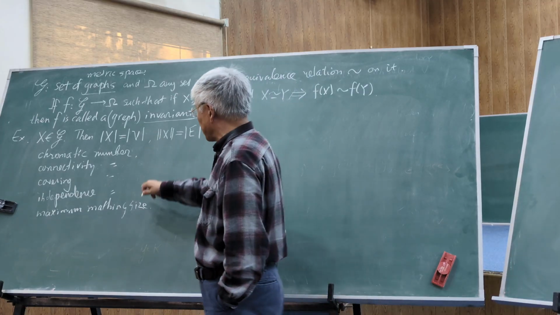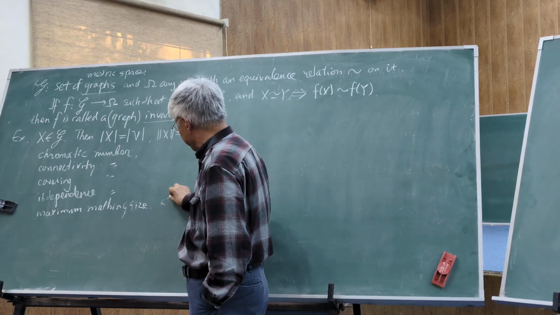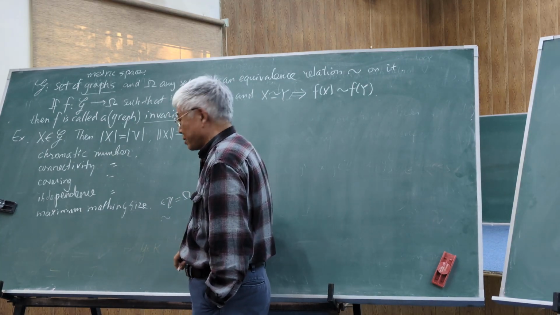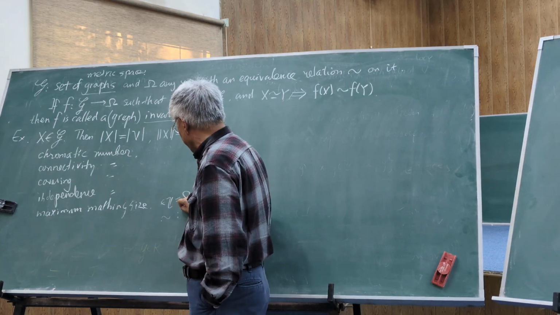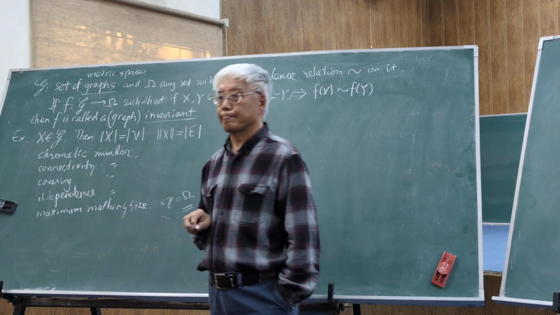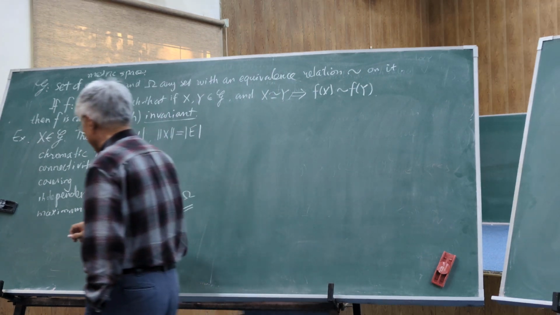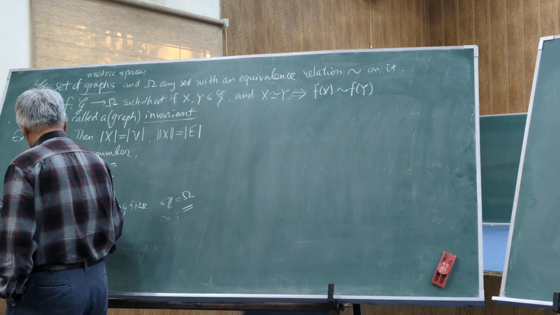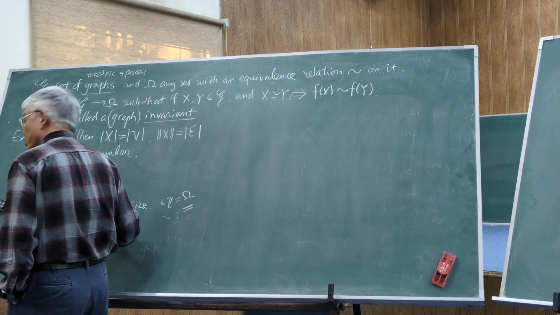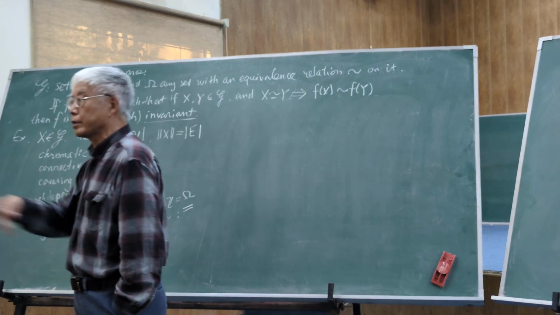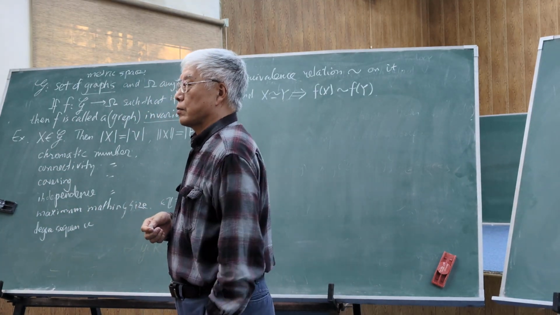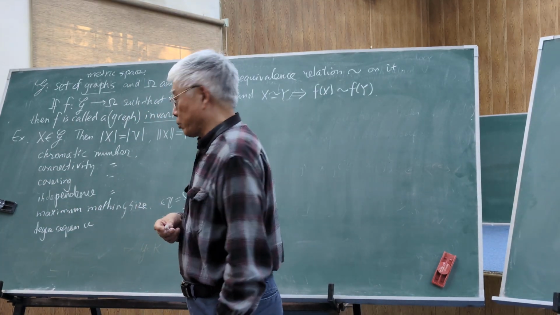Now these are all integers. These all belong to Z. So Z is our omega, and the equivalence relation is actually equality. Even if you include degree sequences, if you have two graphs which are isomorphic, then the degree sequences listed in non-increasing order are equal sequences.